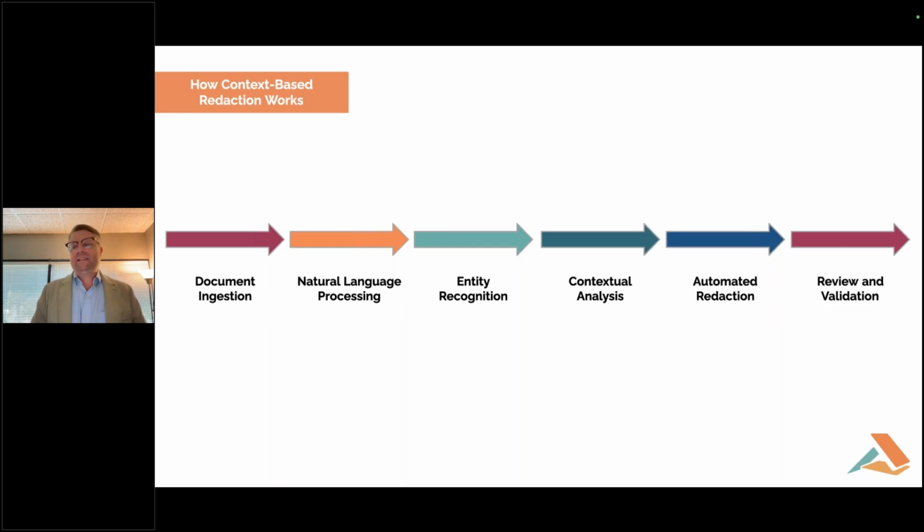Once it identifies that, it can send that data through to be automatically processed, so it can be redacted or automatically highlighted for redaction. Both cases are available. You can rely on the technology to automatically redact, and still have a review and validation step at the end, where a person looks at what's redacted and makes sure nothing was missed.